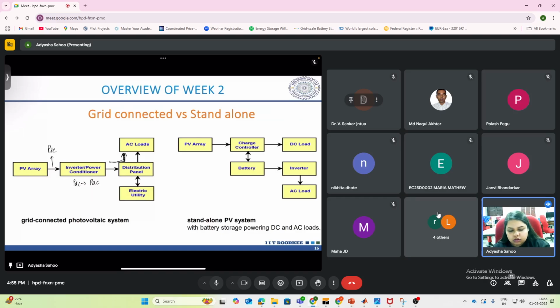In the absence of the PV, what will happen is this load will be met with the help of the electrical utility, or the grid. Whenever your PV is greater than your P load, the excess power is injected to the grid.